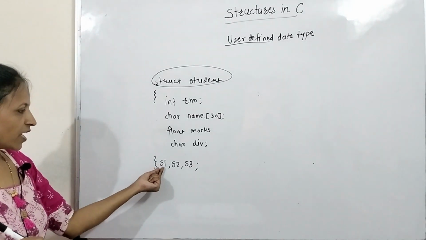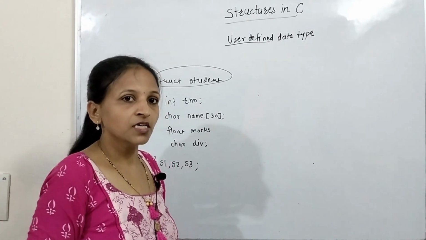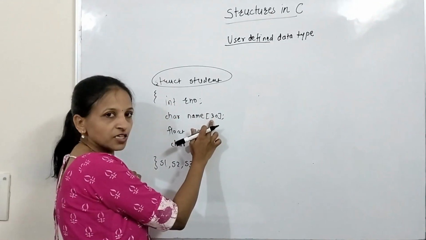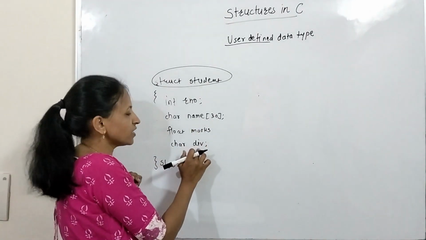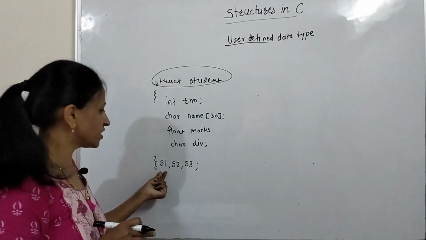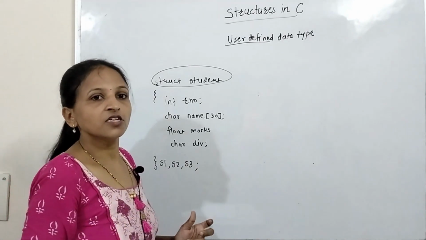Now for this S1, how many bytes will get allocated? Here like 2 for roll number, 2 plus 30, 32 plus 4, 36 plus 1, 37. 37 bytes will get allocated for that S1. For S2 again 37 bytes, for S3 again 37 bytes.